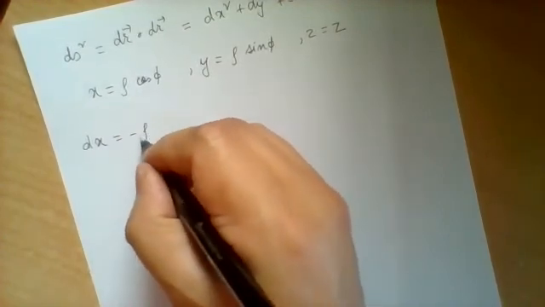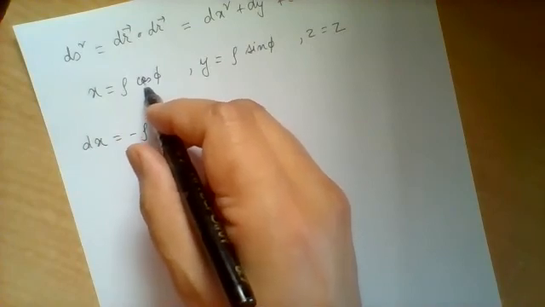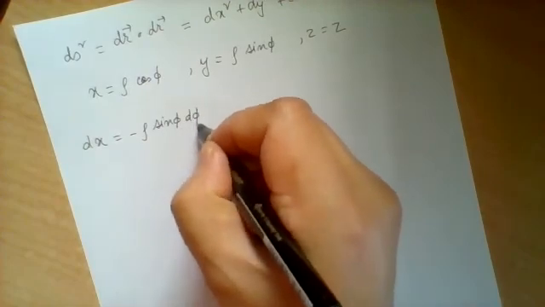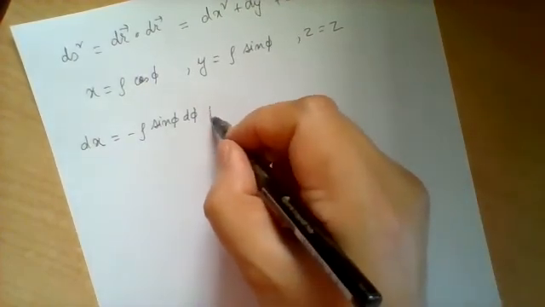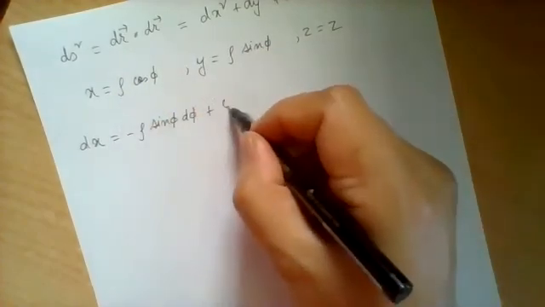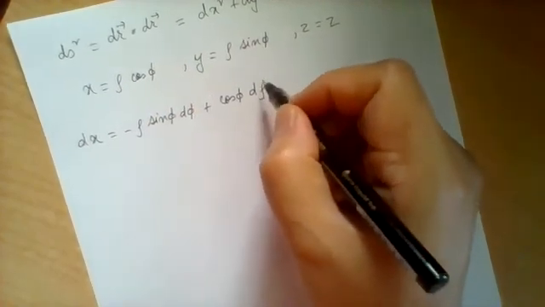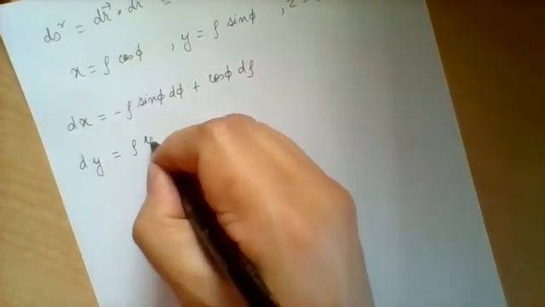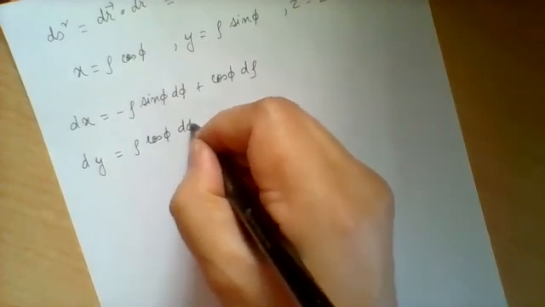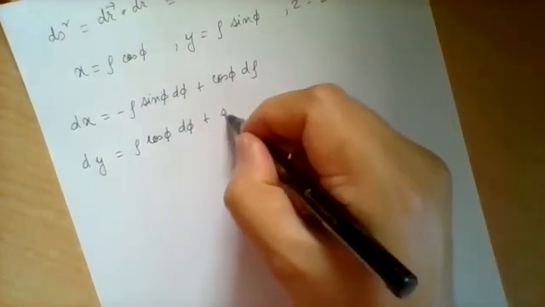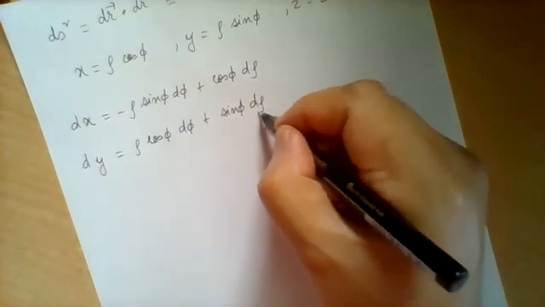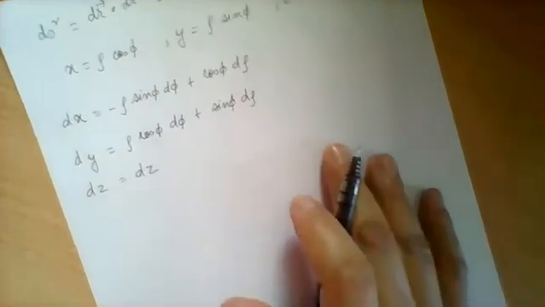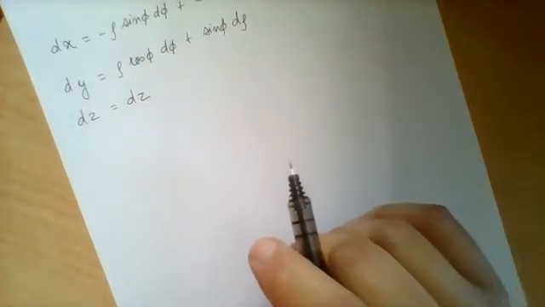The differential dx is cos phi d rho minus rho sin phi d phi. dy is sin phi d rho plus rho cos phi d phi. dz is dz.